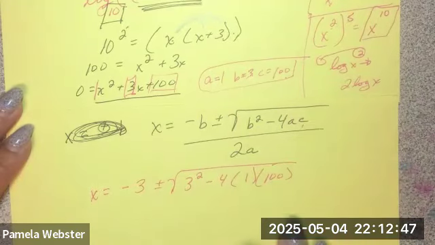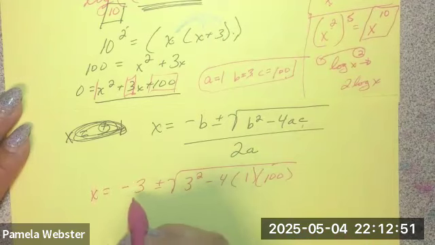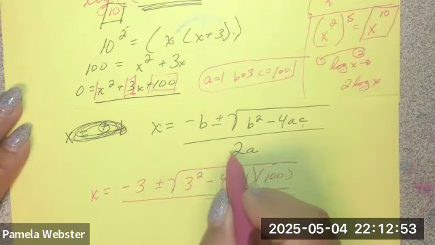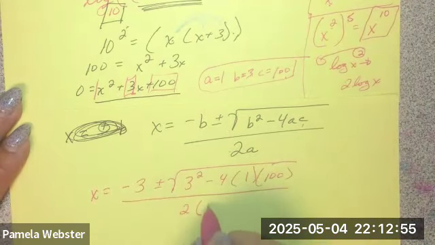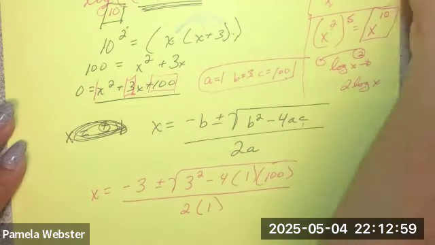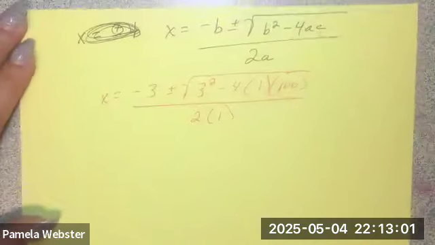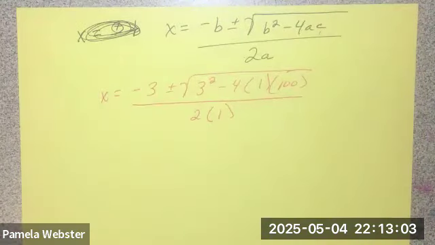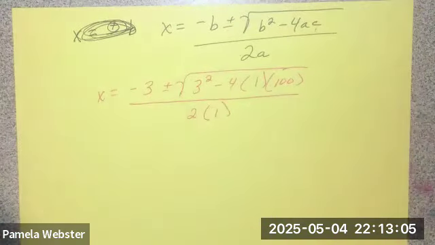I know I'm blasting through this, but hopefully you can blast through it just that fast, okay? All over 2 times, what's my a? 1, okay? So you're going to substitute that in, and you're going to be like, boom, I can work this out, okay?